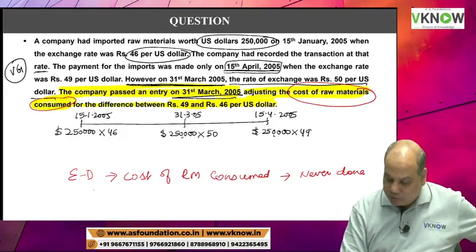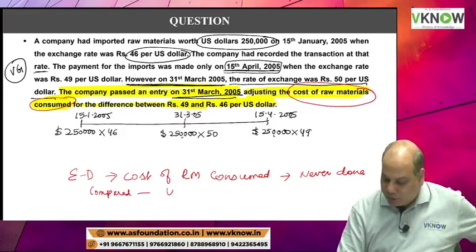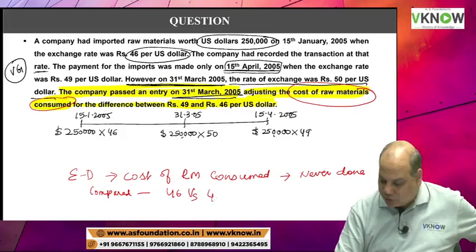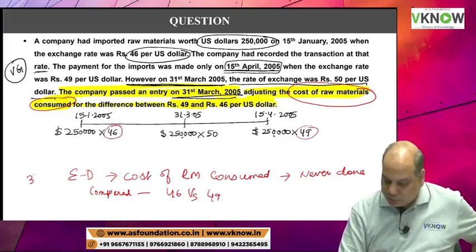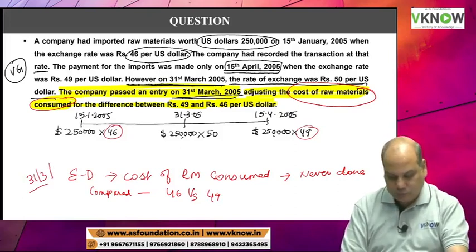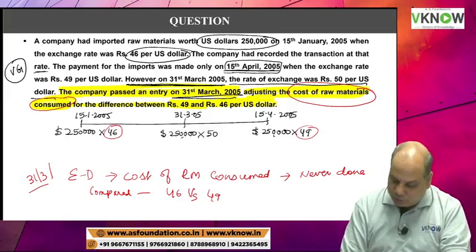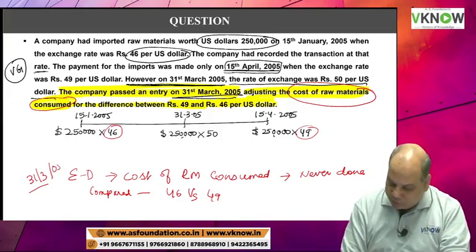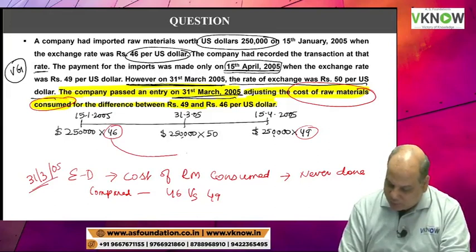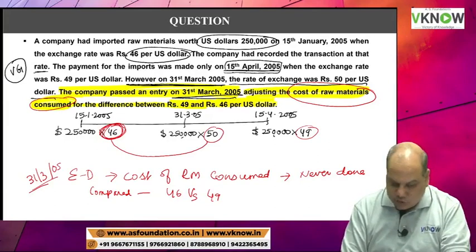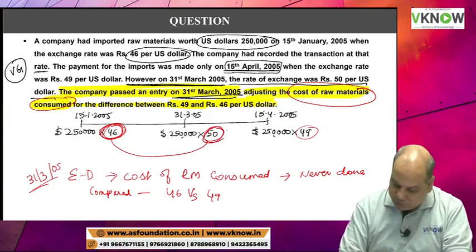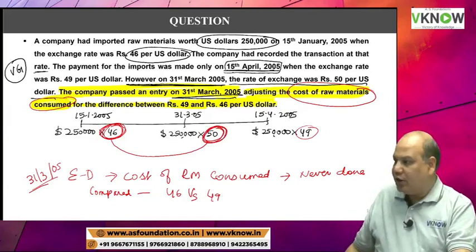And secondly, they have compared 46 versus 49. This is wrong. On 31st March 2005, we should compare the rate at which the transaction was initially recorded versus the year end rate.